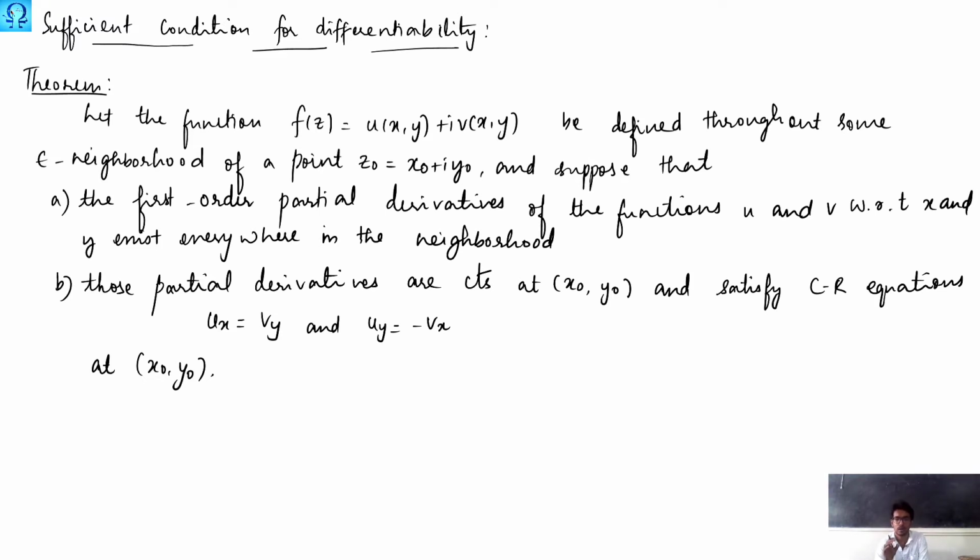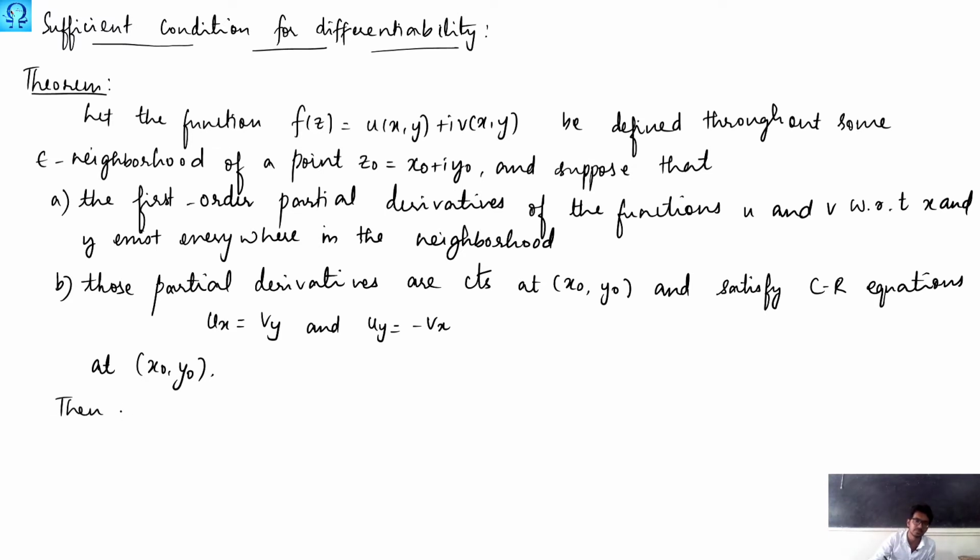Whatever point you choose, you will have to choose some epsilon neighborhood around it, and in the neighborhood we must have these conditions, in the sense that if these conditions are satisfied, then we are going to get something. So that is what we are going to tell now.